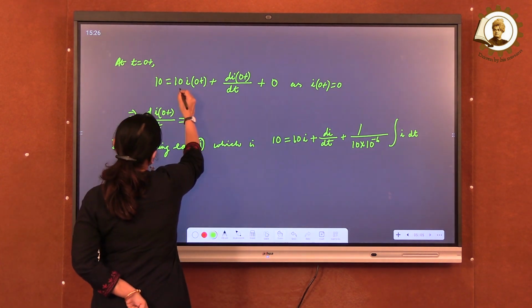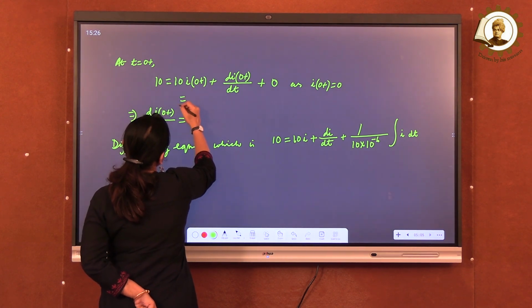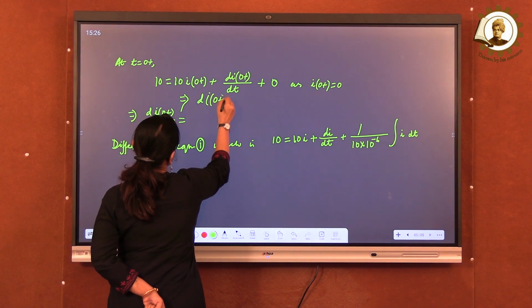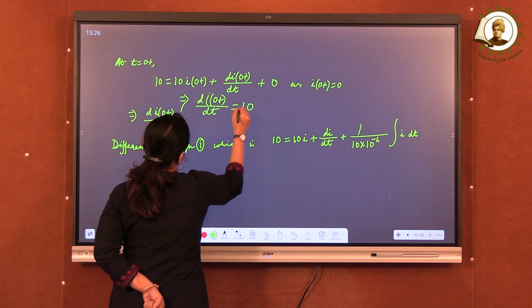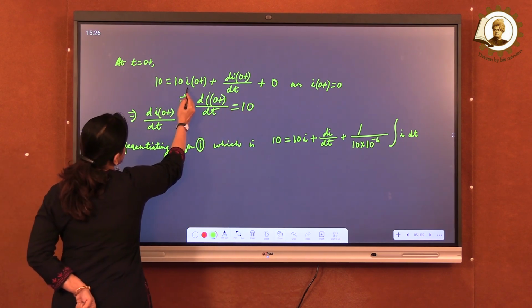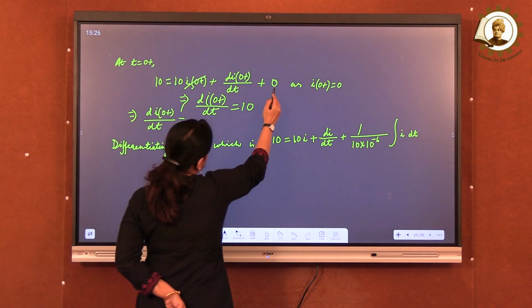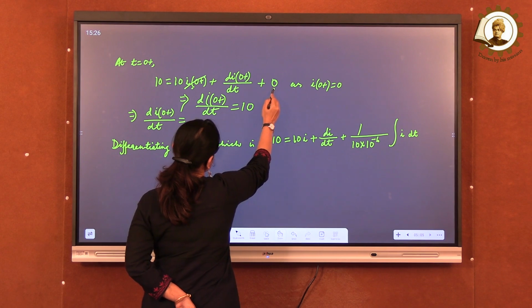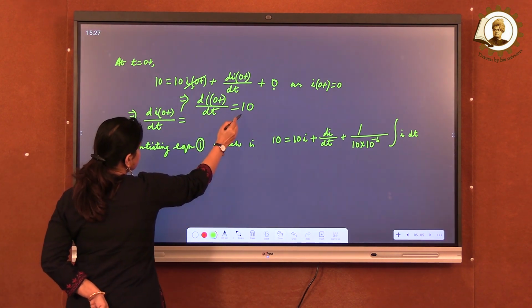So if we put 0 here, this term will become 0, and we will get di/dt at 0+ as 10, because this term will be cancelled as it is equal to 0. Here we have an integration of 0, so this term will also be 0. So we are getting di/dt at 0+ equal to 10.